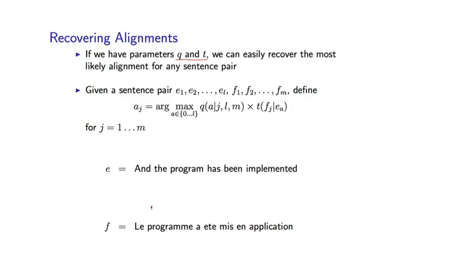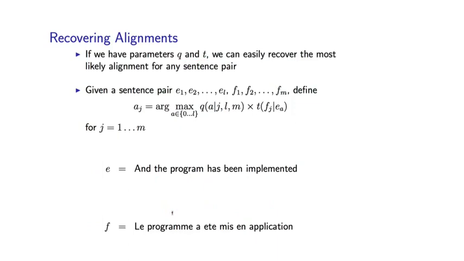What I'm going to describe is a process which takes in an English sentence paired with a French sentence as the input, and then as output will produce some alignment. For example, it might produce the following alignment. For each word in the French sentence, we've chosen one of the English words to align to. And if we have the parameters of IBM Model 2, it's straightforward to find the most likely alignment under the model. Let me show you how this works.